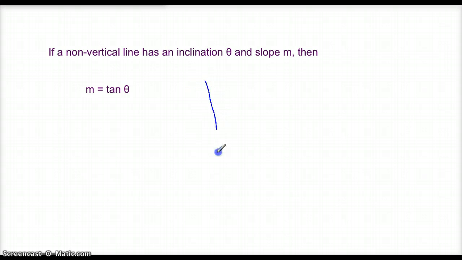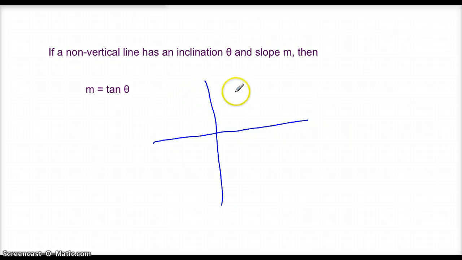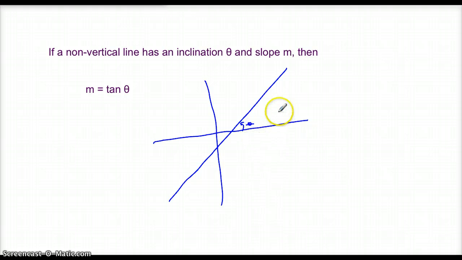Let's just take a look at this. Let's say we have a line that is looking like that. Here is the angle of inclination from here to here. That is theta. And if we think about the slope of this line, we draw a little triangle.